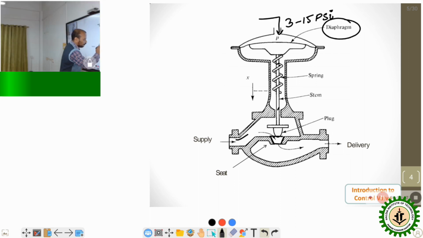The fluid flows from the upstream side to the downstream direction through this particular area, the orifice, passing by the plug. The plug can go up and down, and it can restrict this orifice area to maintain the flow rate in the pipeline.